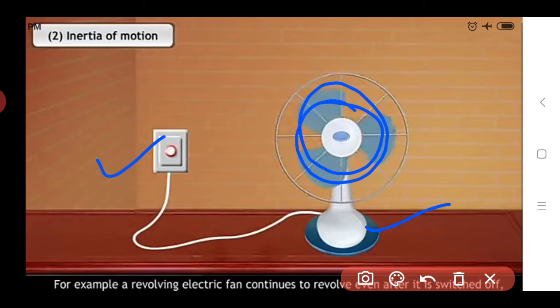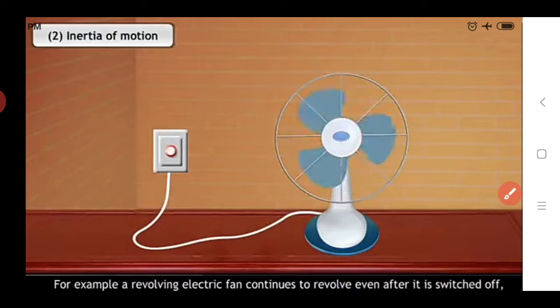Okay, but when we switch off this button, the blades still revolve for a certain period of time, even after the button is switched off. So this ability to revolve for a few minutes after switching off the button is a property of the fan.